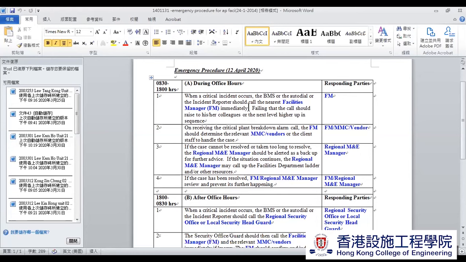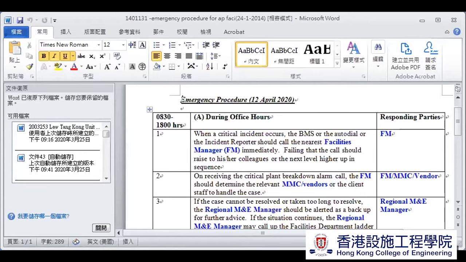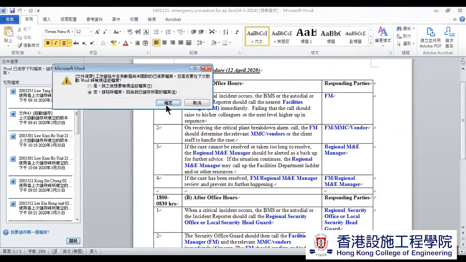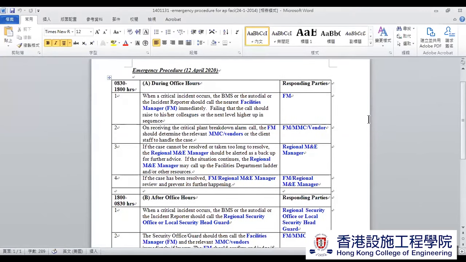So in a case like this, when a critical incident occurs, usually it's the BMS system or the auto dial system or the incident reporter who would report the incident.